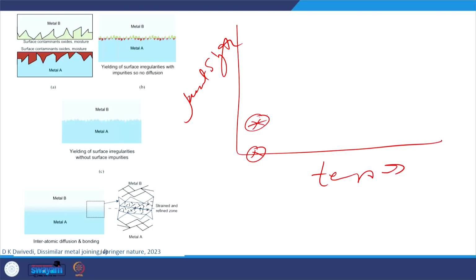So, for lower temperatures, it will result in a bond, but with a lot of voids, more voids at the interface. If the temperature is increased, the diffusion coefficient will increase, and that in turn will help in reducing the interfacial voids, and a further higher temperature will further eliminate the voids at the interface.